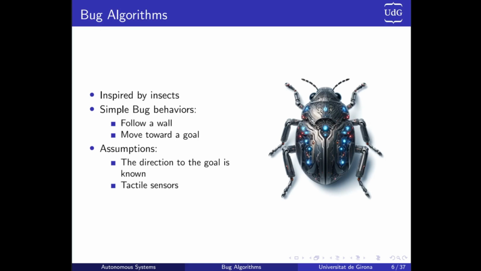Then here there are some assumptions. The first assumption, which must be true, otherwise we cannot apply these algorithms, is that we know the direction to the goal. What does this mean? It means that even if we don't have a direct sight to the goal, we know at which orientation it is. We will work mostly in this course with 2D robots.